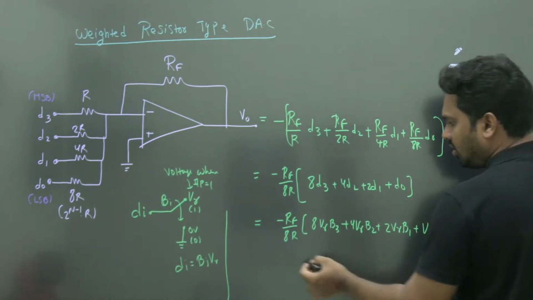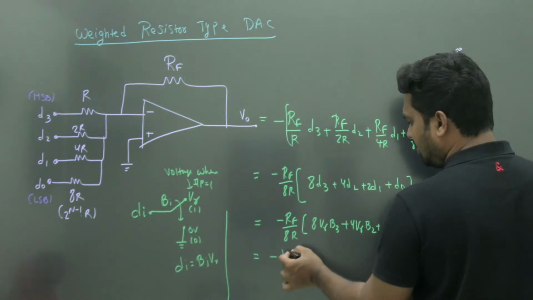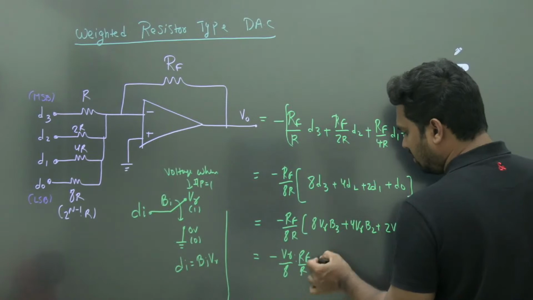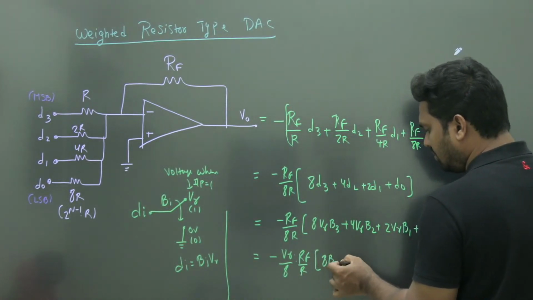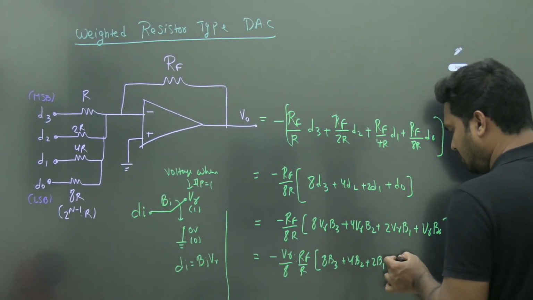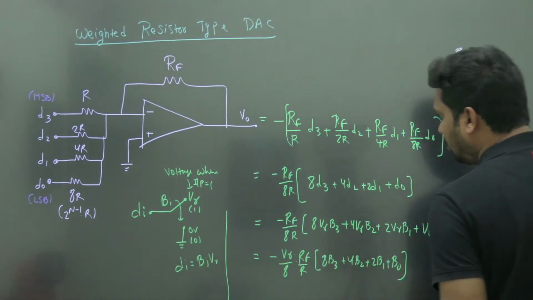You can take the VR common: minus VR by 8 into RF by R into 8B3 plus 4B2 plus 2B1 plus B0.